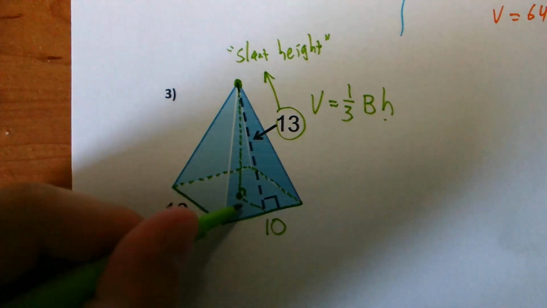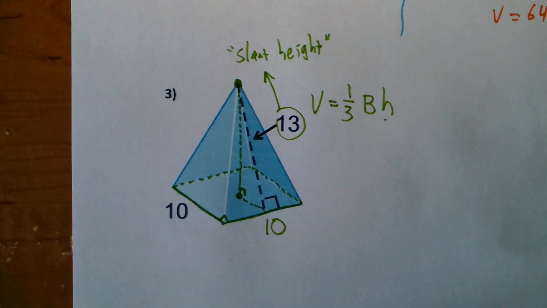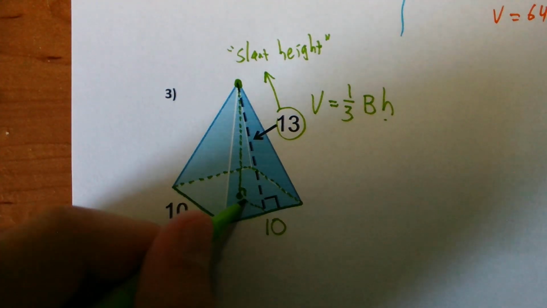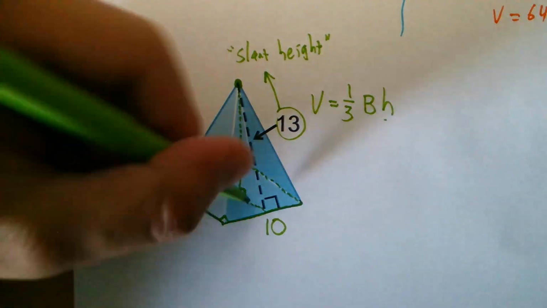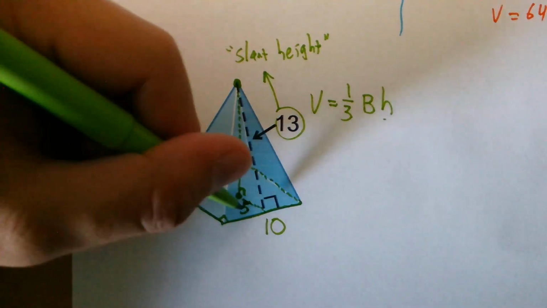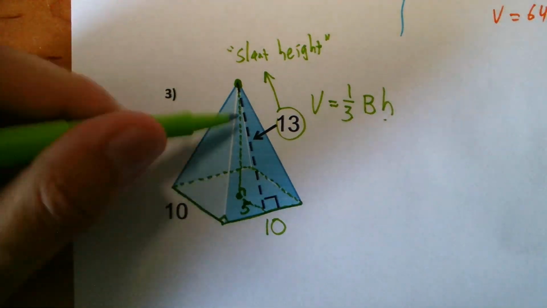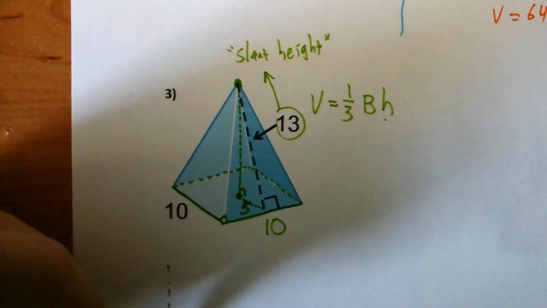Now, that point is easy to find, because that also makes a right angle with this side, which means if this length is 10, this length is only half of that. So that length would be equal to 5. And if you notice, what we have in the middle there, I'll kind of draw it out here.